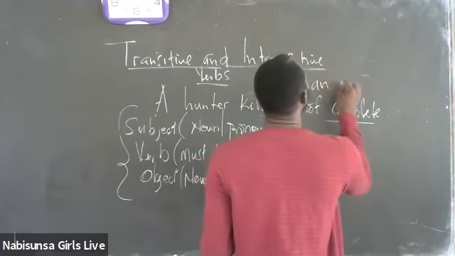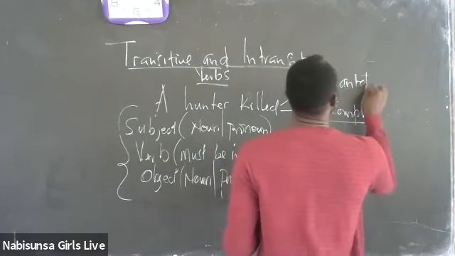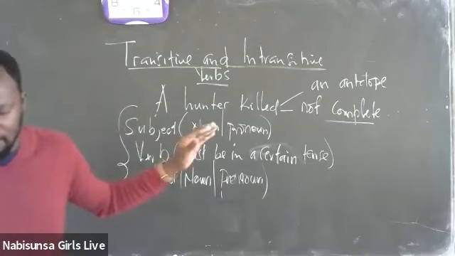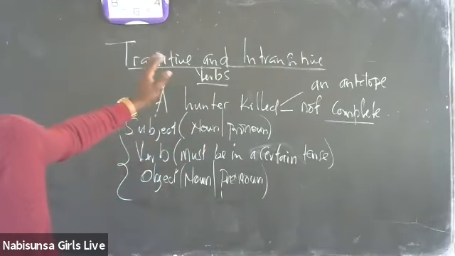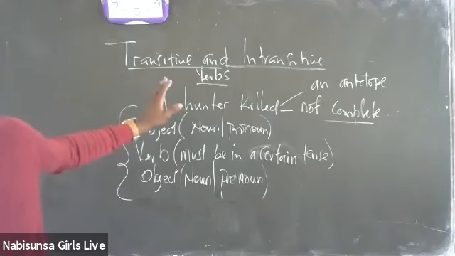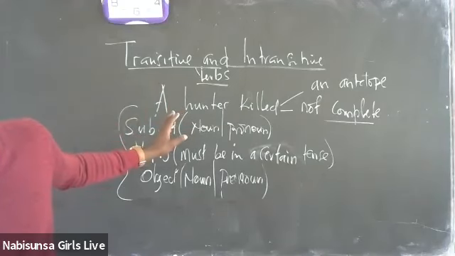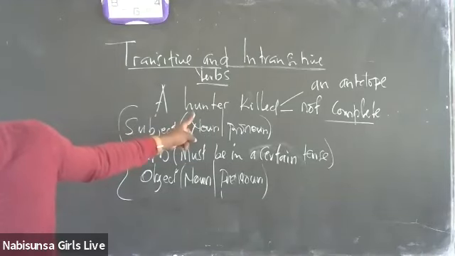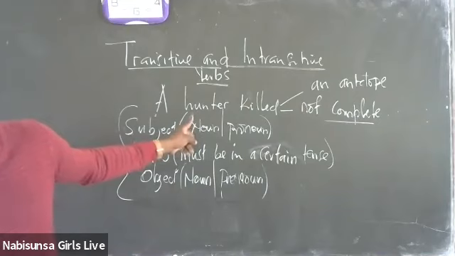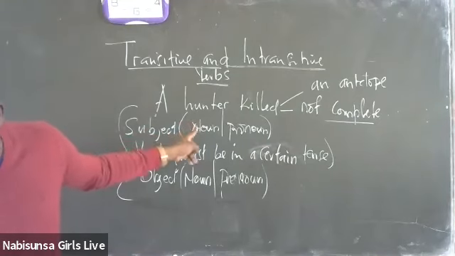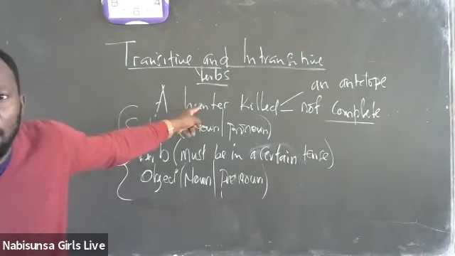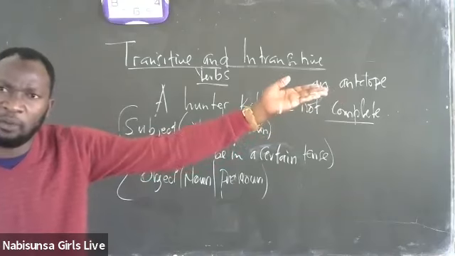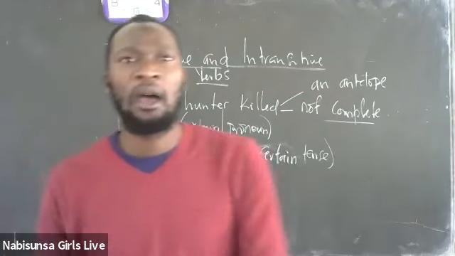A hunter killed an antelope. This is now a complete sentence. The noun antelope is said to be the object of the verb killed. Because a hunter killed something, and that something is there, an antelope.